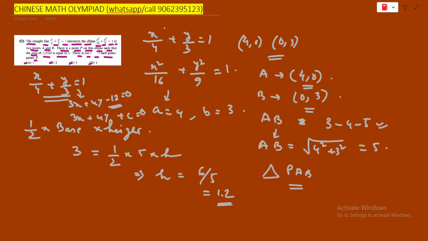Okay, so let's pick a general point P on the ellipse. Now using the parametric coordinates, we get P equal to (4 cos alpha, 3 sin alpha), right?